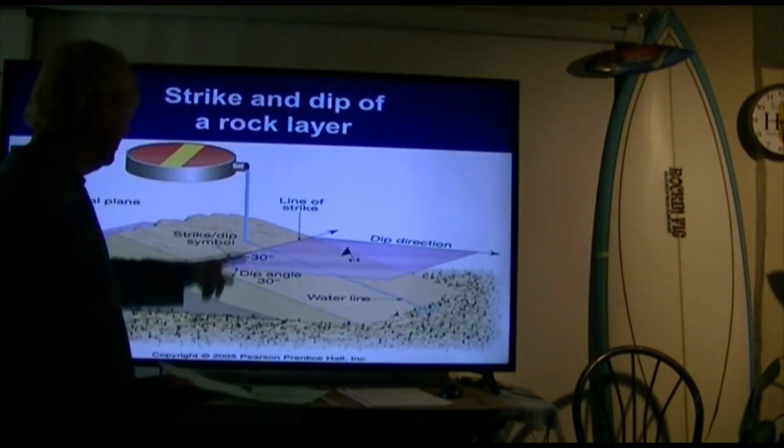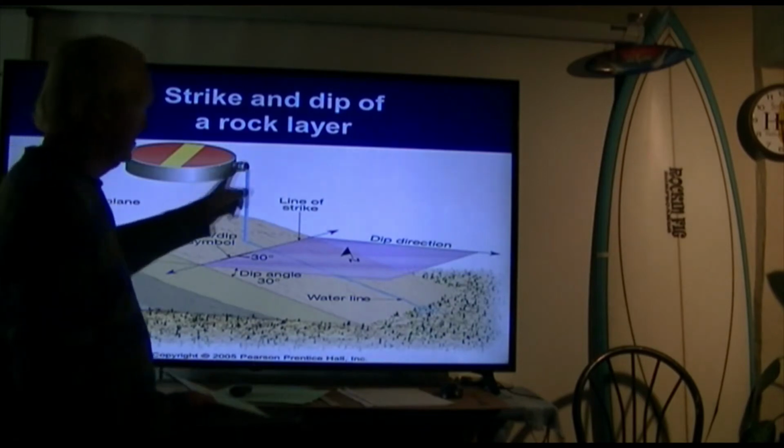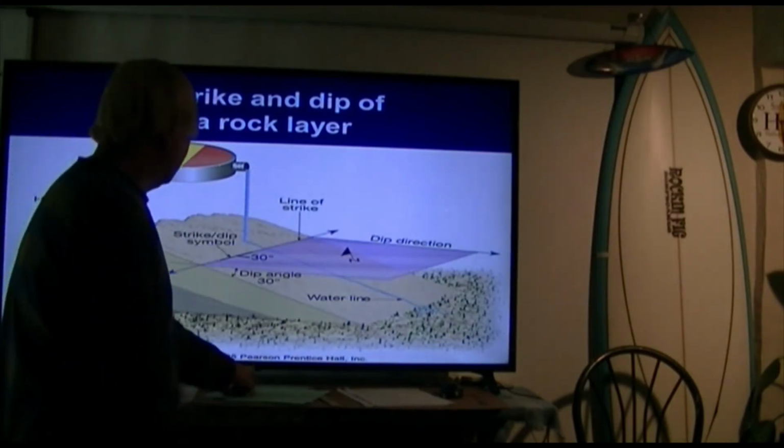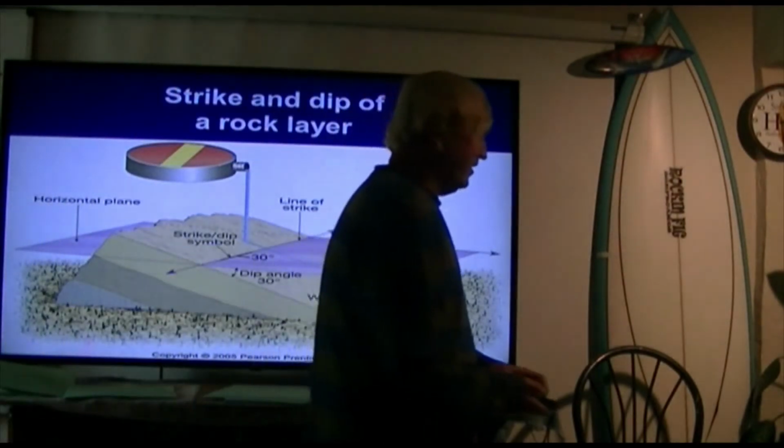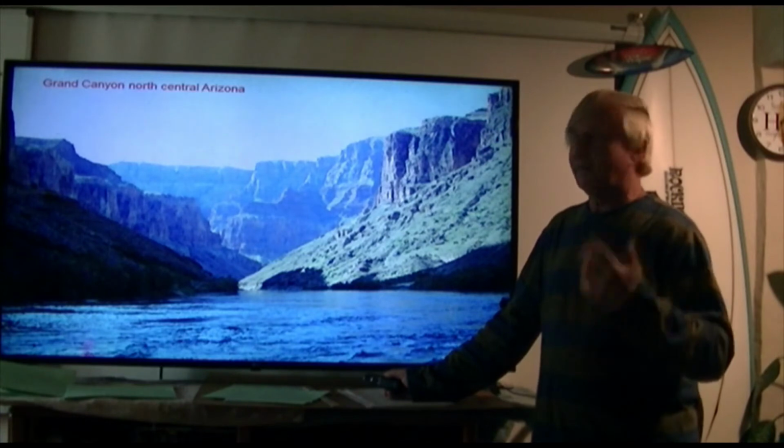Since north is at the top, south would be the bottom, west, east, these rocks would be dipping to the east at 30 degrees. And that's kind of important because if you're looking for structures that are going to trap hydrocarbons or oil, natural gas, you really have to pay attention to the direction of inclination.